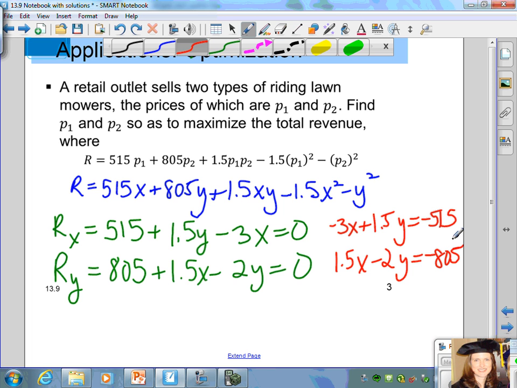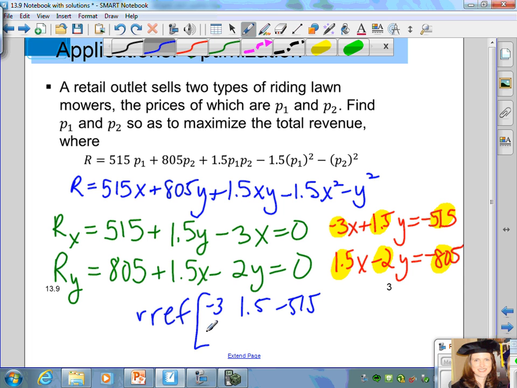Okay, so you're going to plug in just the coefficients and these numbers into the matrix, and then enter the calculator command to reduce row echelon form of that matrix with the values as shown.